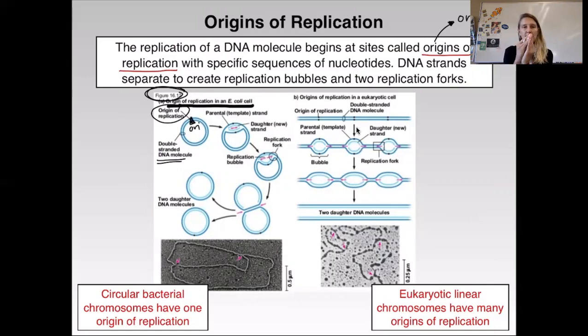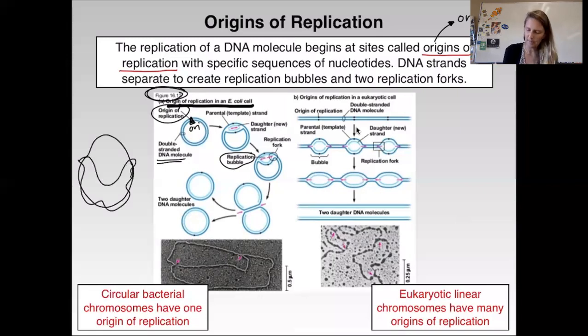So the DNA starts to separate there, and as it separates you create what's called a replication bubble, and you have two sides of that replication bubble.